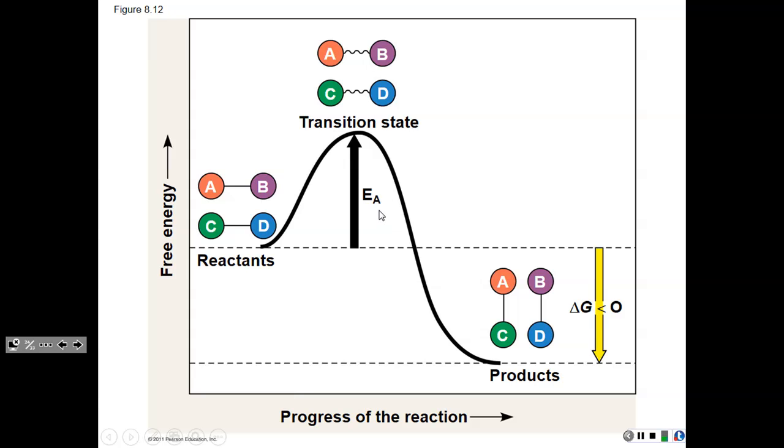But right now, appreciate that the activation energy is a hurdle. Right? You have to clear this hurdle in order to make it through to the products and release the energy at the end of this whole process. I want to make this in bold letters for you. Big news. You know what enzymes do?